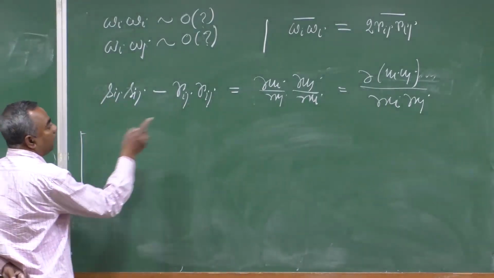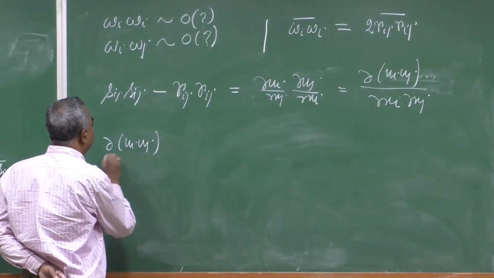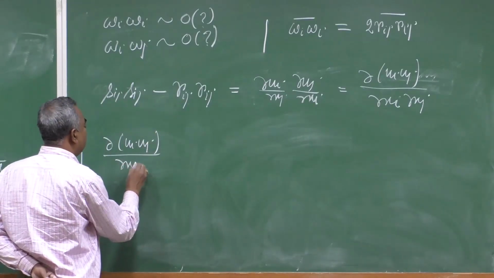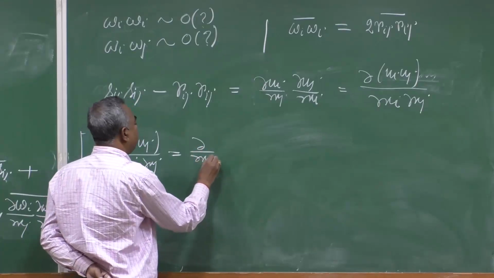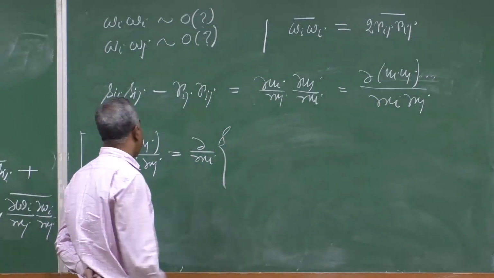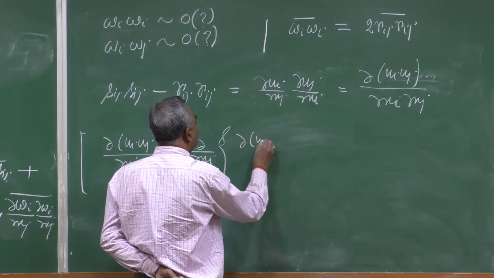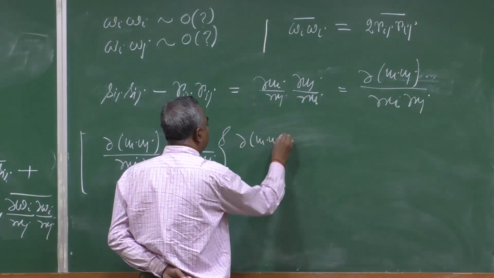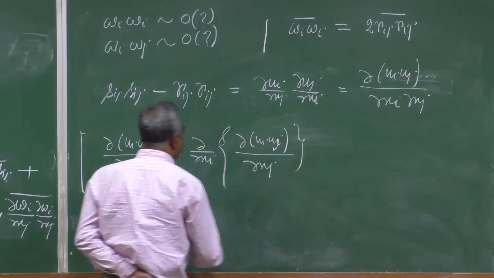So, if we start with del u I u j del x I del x j, it equals, we can write, del x I and then del u I u j del x j, is this, right.